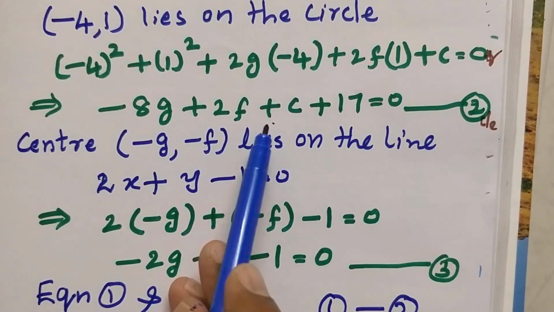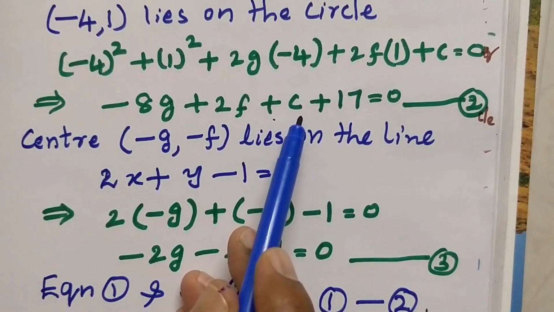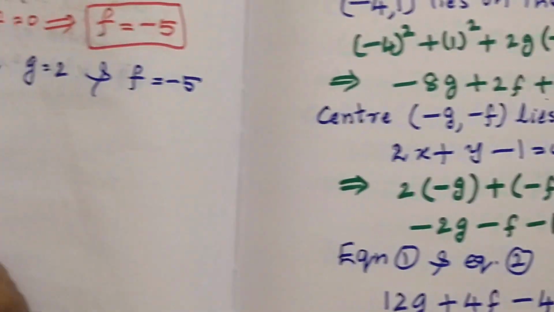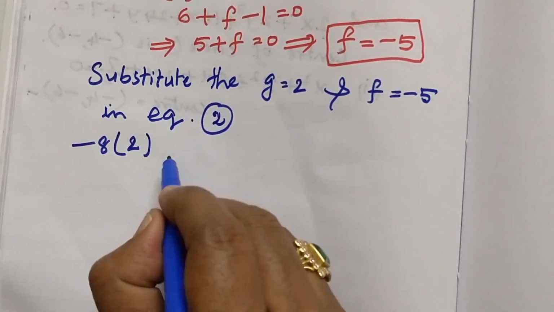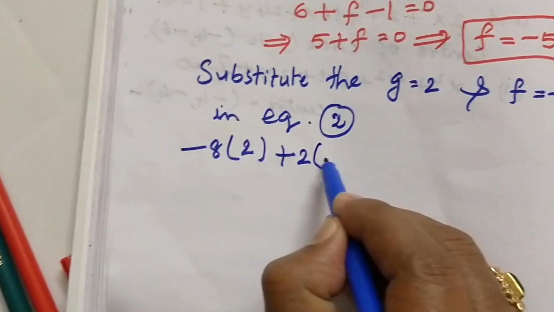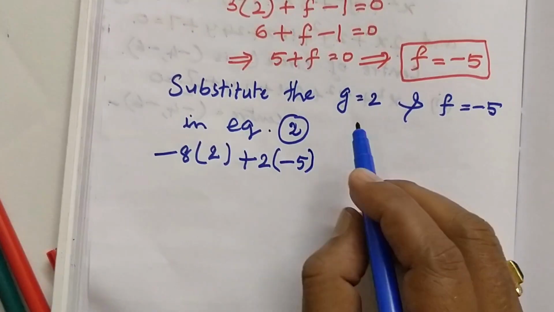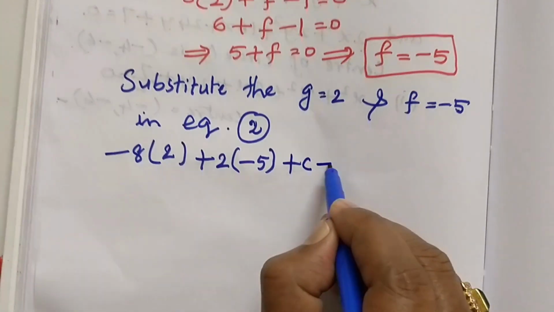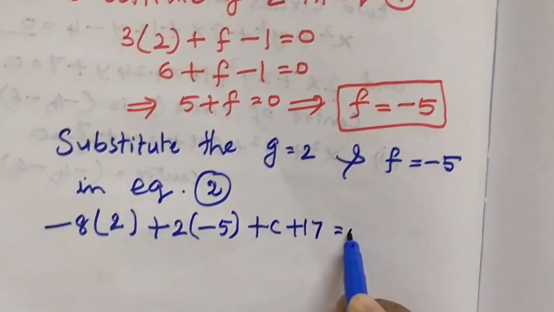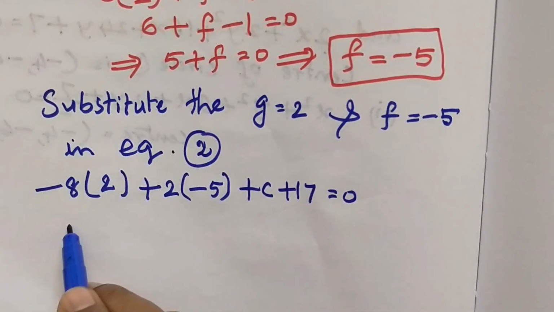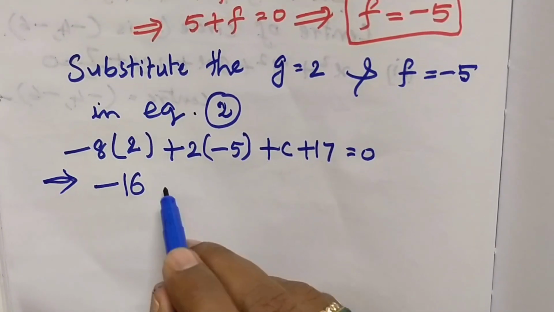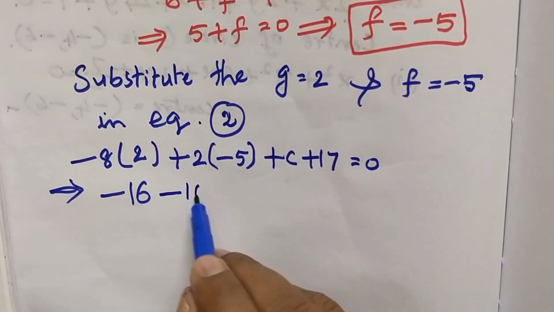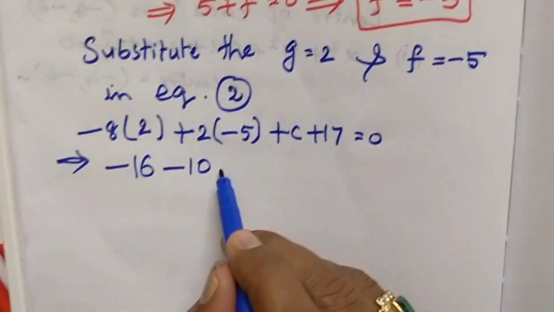So minus 8 into g is 2 plus 2 into f is minus 5 plus c plus 17 is equal to 0. This gives us minus 16, 2 fives are 10, minus 10, plus c plus 17 is equal to 0.